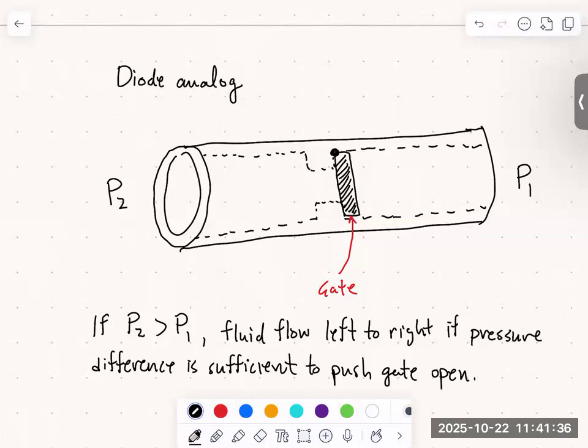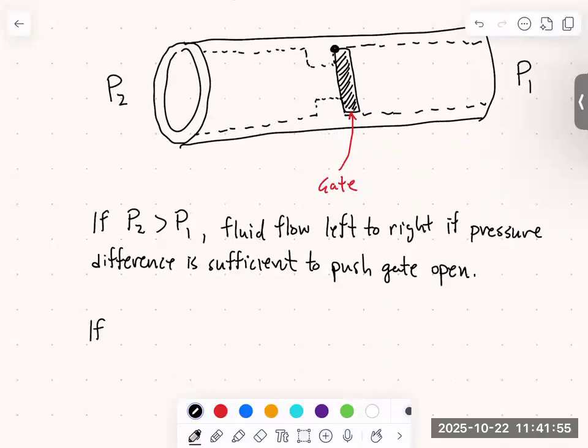Remember, pressure times area is like a force, and so with a big enough pressure difference, we apply sufficient force to the gate that applies a torque that's going to allow the flap to swing open.